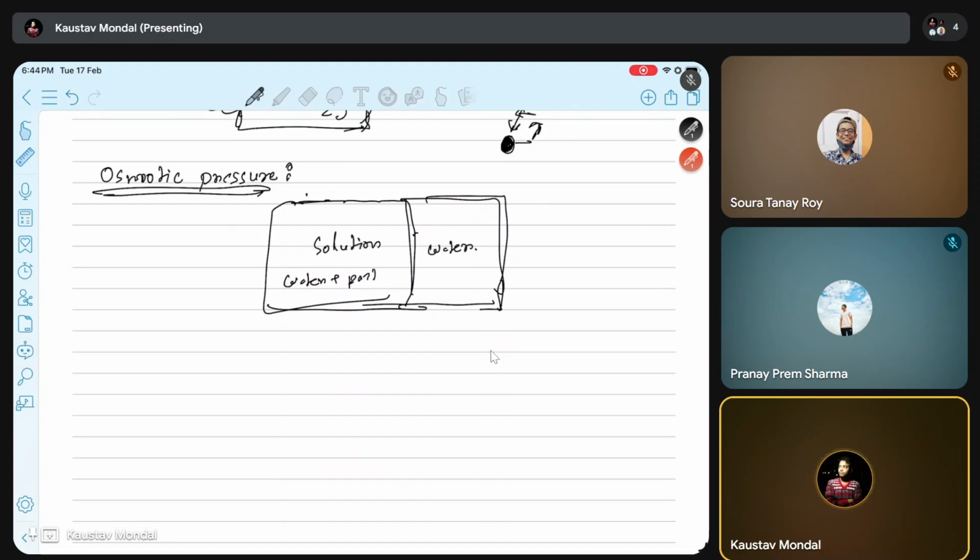These two containers are separated by a thin permeable membrane. Permeable membrane means only the water can flow through this membrane, the particles cannot, because the size of the holes in the membrane is much smaller than the size of the particle.